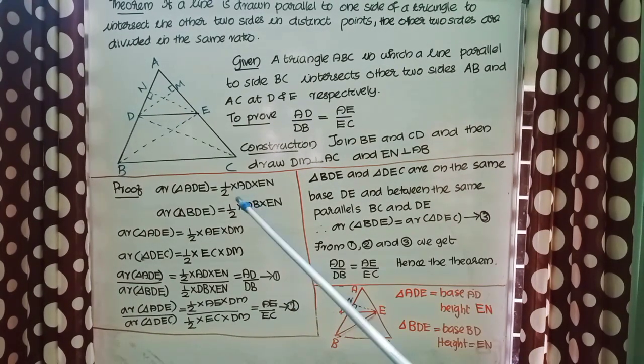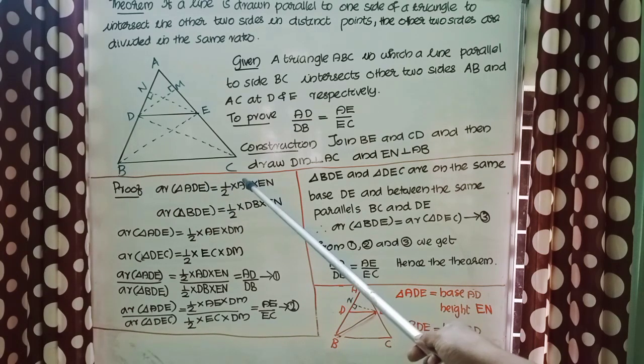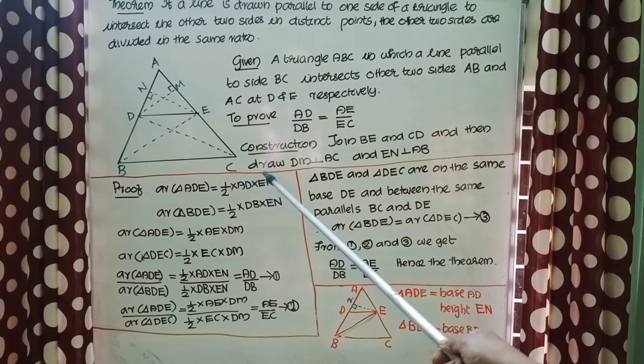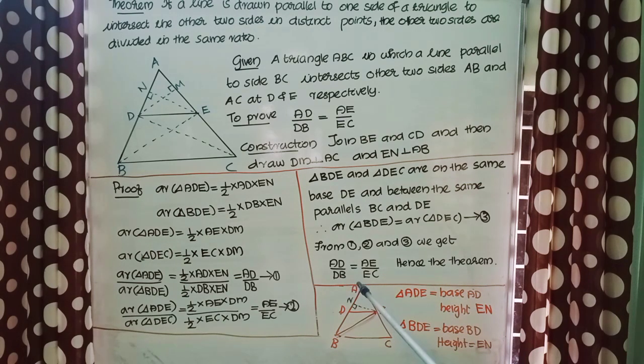Now proof. Area of triangle ADE equal to half into AD into EN. Here you see this is our triangle ADE. Triangle ADE has base AD, height EN, because we just discussed now EN is the perpendicular line to this whole portion AB.